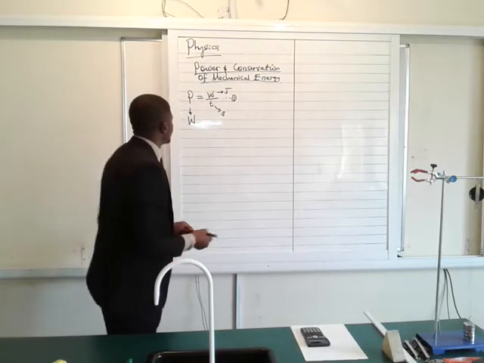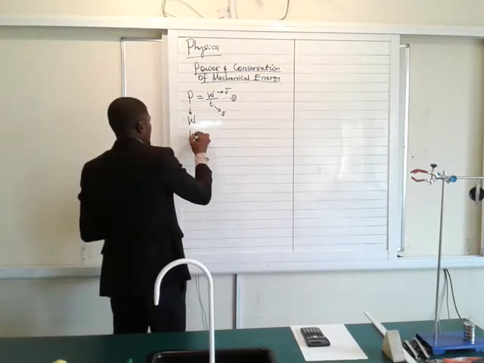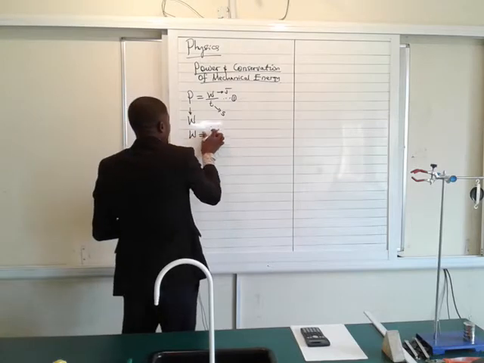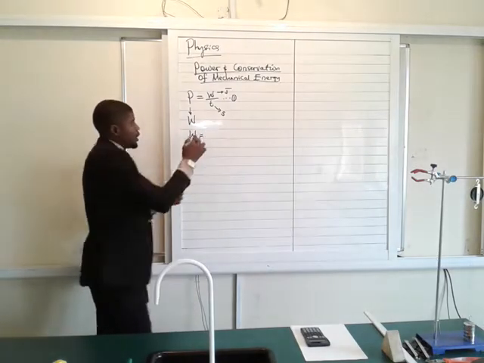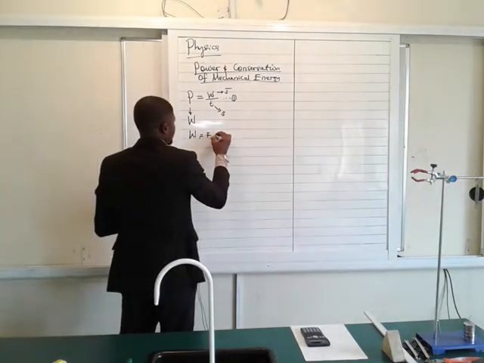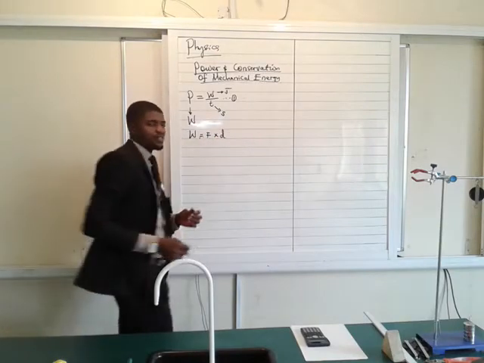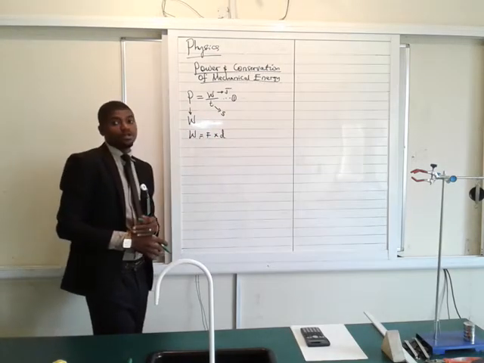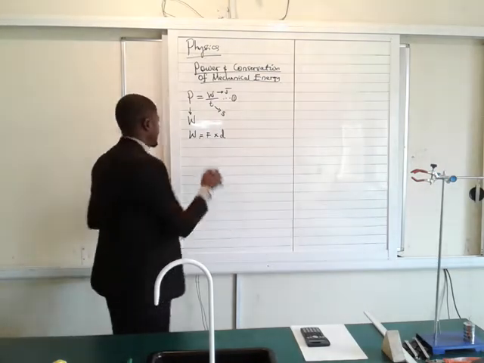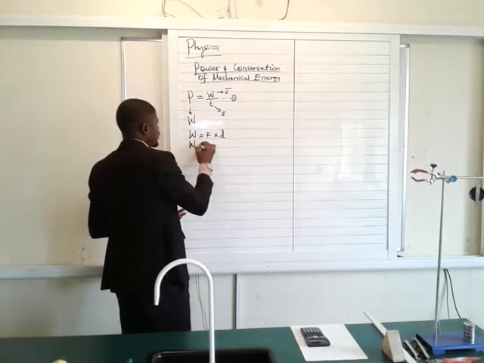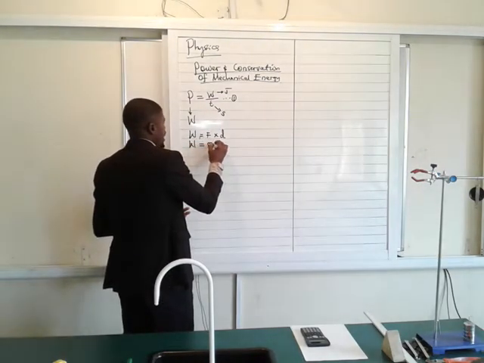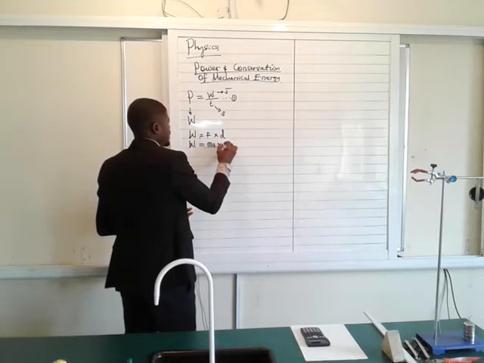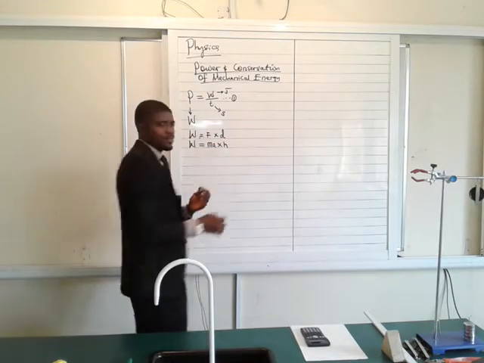Recall that work done is equal to force times distance. That is linear work done. We also have it as work done is equal to mg times height.